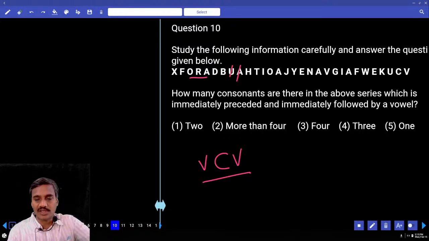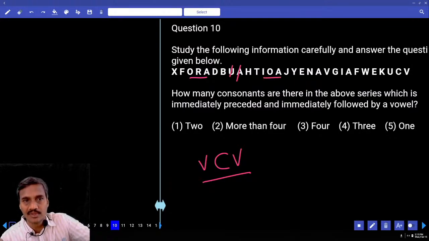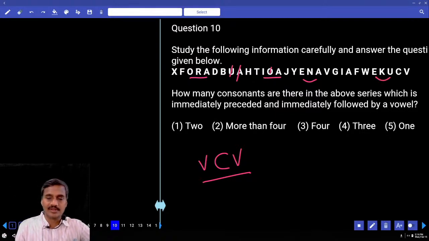And next one, I. Alternate consonant and vowels, but the center one is again a vowel. Next one O and G. And E and A, yes. And next one V, G and A. V, G, I, that is not working. And next one IA, alternate letters should be vowels. And hence how many are there all together? There are only 3. Now 3, that is the choice for question number 10.